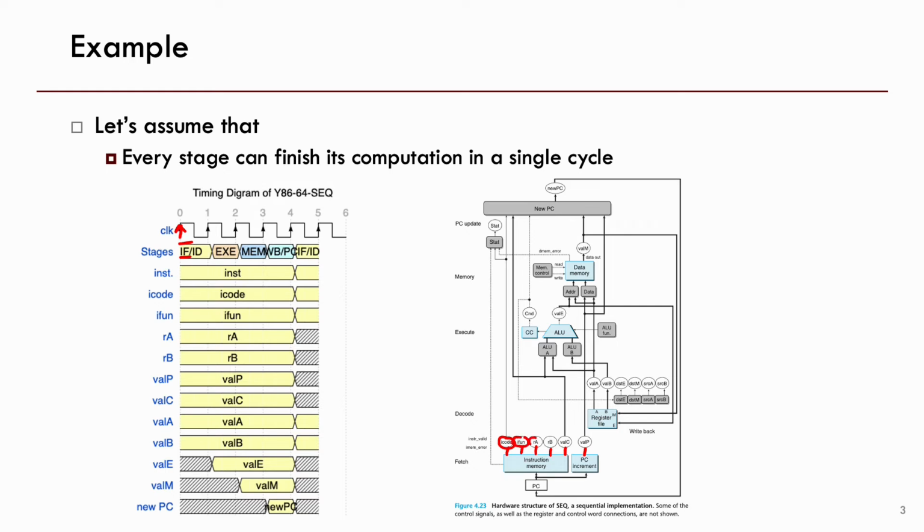So these values will be available in cycle 0, and in the next cycle we can use these values in the next stage.